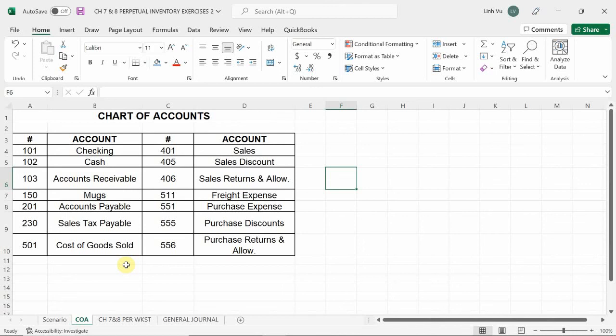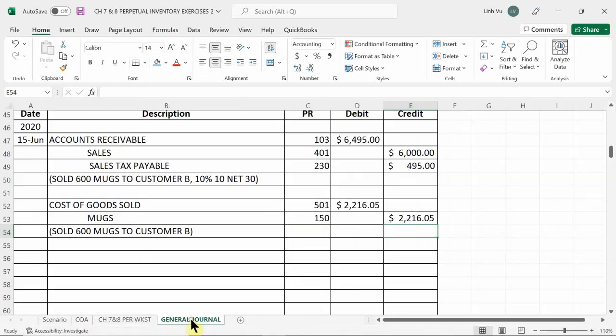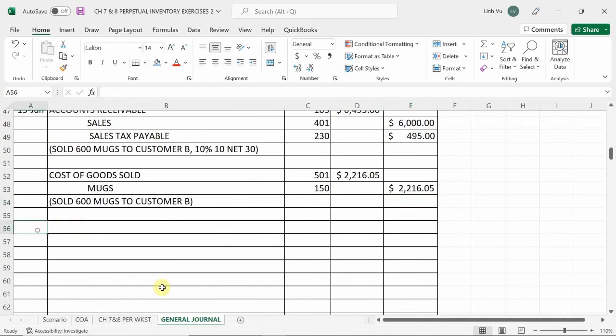Would it be sales returns and allowances? Yes, sales returns and allowances 406. And you're gonna give the sales tax money back for 230, and it's gonna reduce the amount that customer B owes me because they never paid me in the first place. So in this case, that's exactly what I'm gonna do.